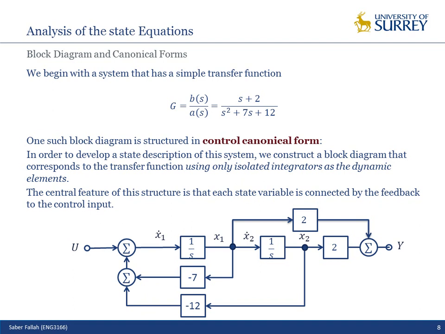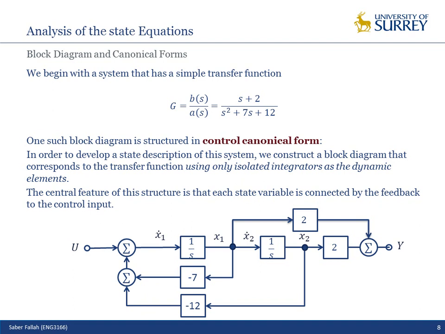If I get the common denominator, I have s squared plus 7s plus 12 over s times x1 equal to u. So x1 is equal to s over s squared plus 7s plus 12 times u.